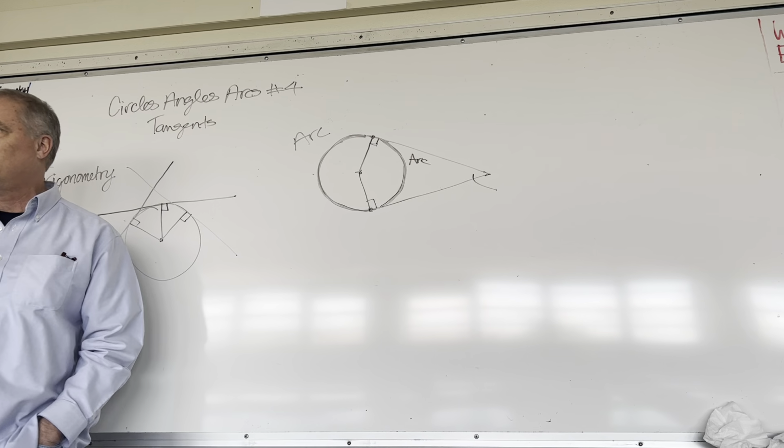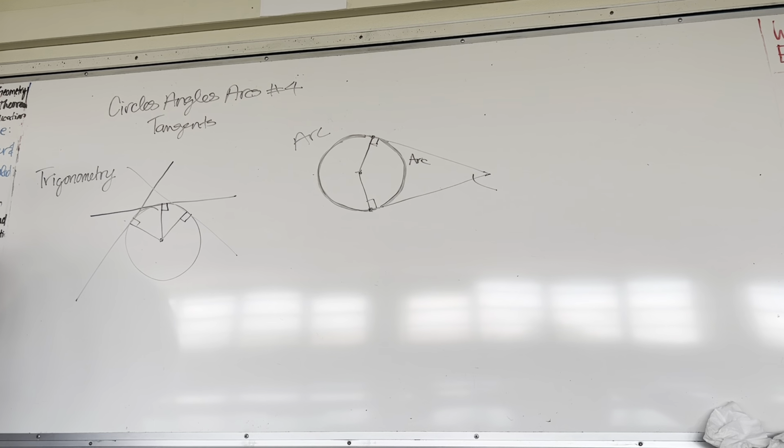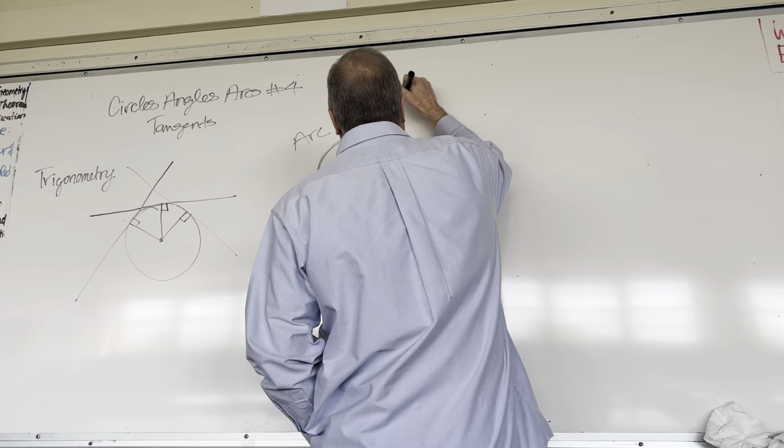So the two arcs together equal how many degrees of rotation? 360. They equal a total of 360 degrees.